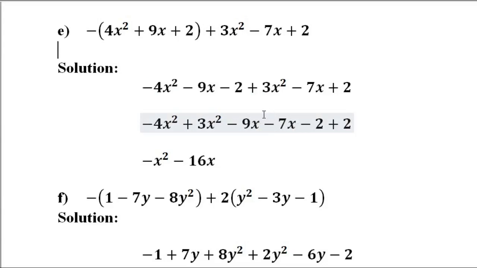Next, we have constant terms, negative 2 and positive 2. Combining these gives us 0. Negative 4x squared, positive 3x squared is negative x squared. And negative 9x, negative 7x is negative 16x.